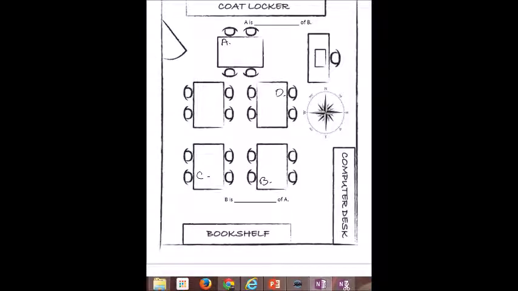Now, if we look at B is blank of A, we're looking at from A, where is B? So we will take A and draw an arrow at B. Then we will, in our head, pick up A and place it on the compass rose.